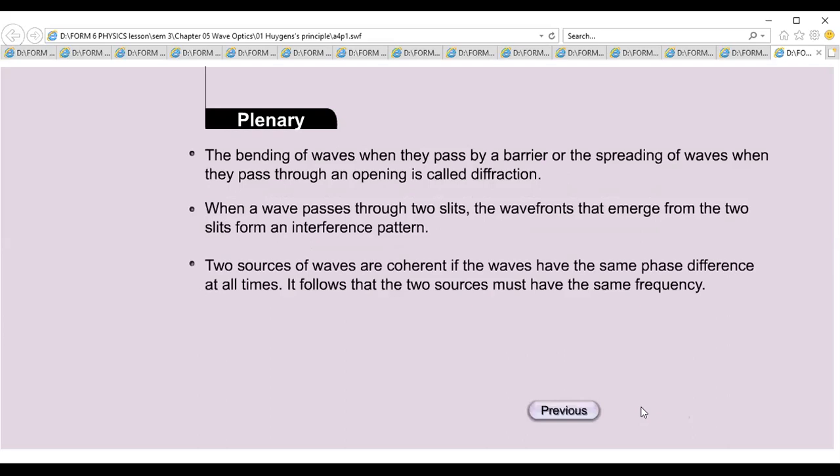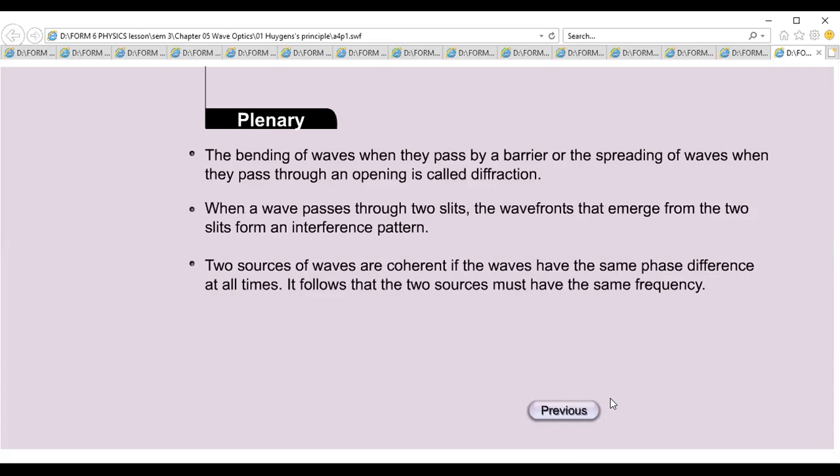The bending of waves when they pass by a barrier, or the spreading of waves when they pass through an opening, is called diffraction. When a wave passes through two slits, the wavefronts that emerge from the two slits form an interference pattern.